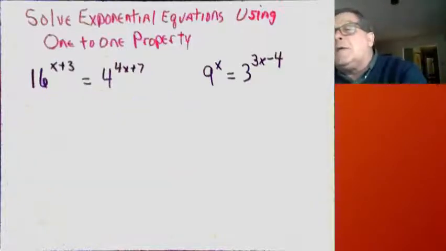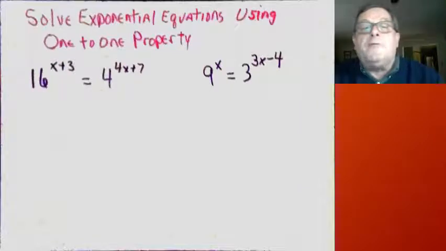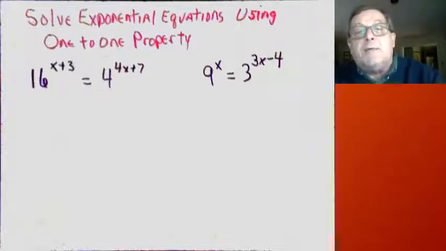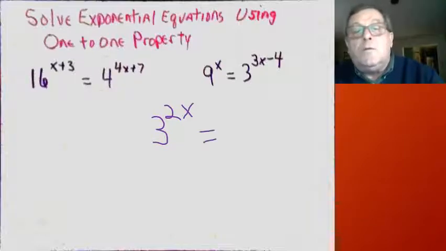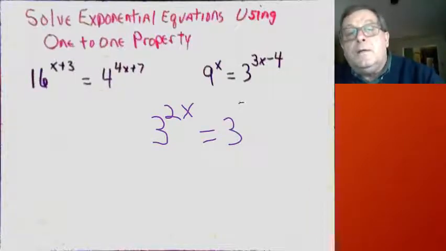Let's look at the next one here. All right, so we've got 9 to the x power equals 3 to the 3x minus 4. Again, I want to see if I can get these to the same base, and I can probably easily recognize that 9 is the same thing as 3 squared. So that's now 3 to the 2x equals 3 to the 3x minus 4.